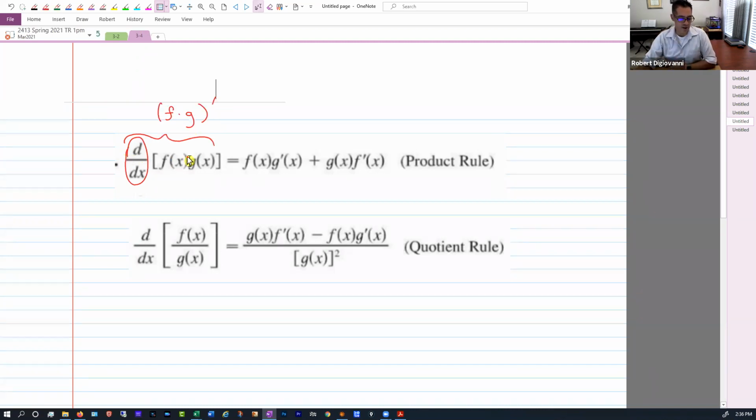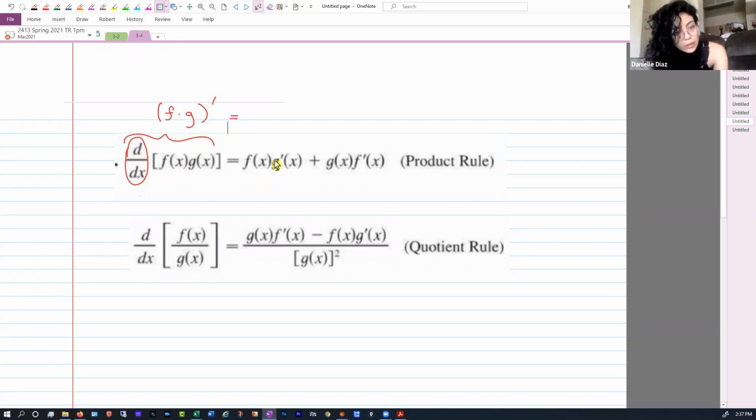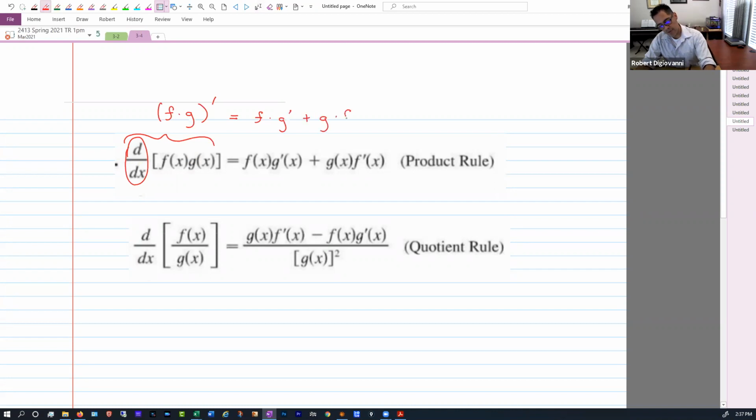Do you all see that that notation means the same thing as this? Take two functions, multiply them, take their derivative. Is that okay? Yeah. Now look at their version of the formula here. They have f times g prime plus g times f prime. That is the way that the book presents the formula. Is that the way I presented it?